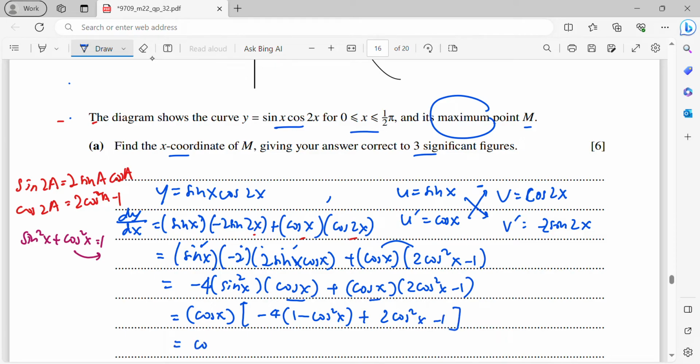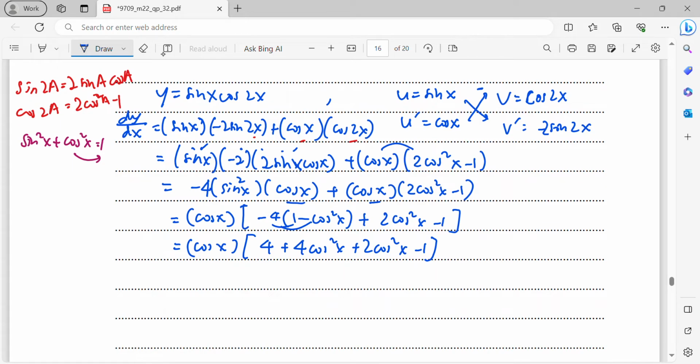So then I will get cos x multiplied with, here do expansion, 4 plus 4 cos square x plus 2 cos square x minus 1. Okay, and now my simplest form of the dy/dx is going to be 6 cos square x, right, here minus 4 times 1 is minus, so here is going to be minus 5.